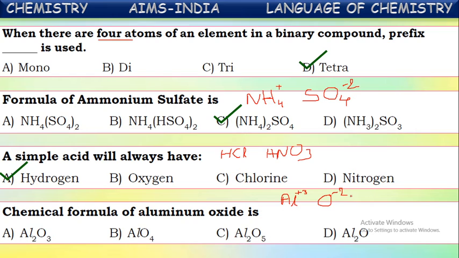If there is no common factor, then we skip to the third step. By eliminating the symbols, we crisscross these numbers. This 2 is written here, this 3 is written here. Now it becomes Al2O3. So the chemical formula of aluminium oxide is Al2O3.